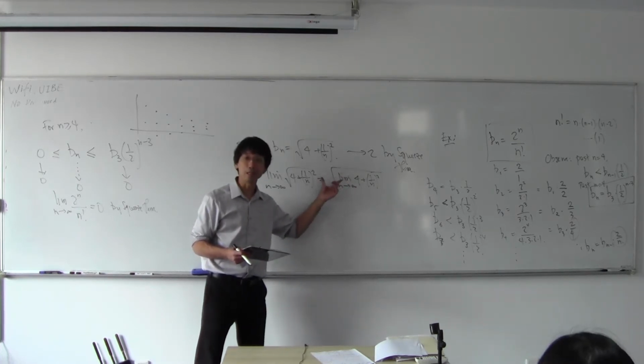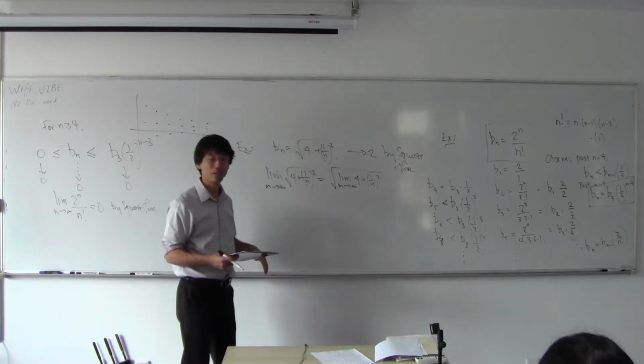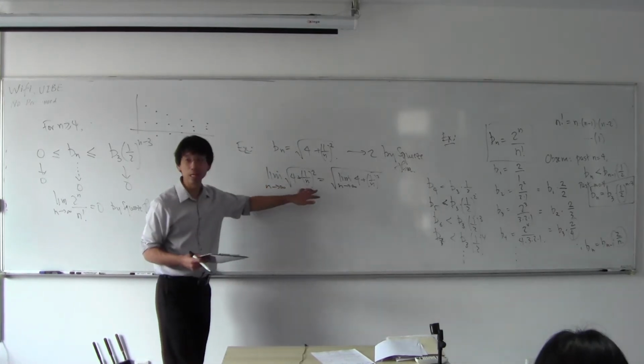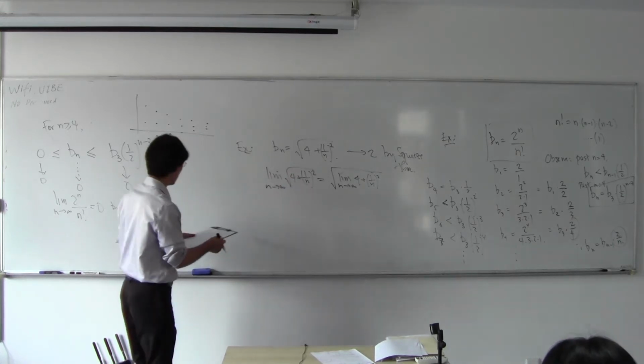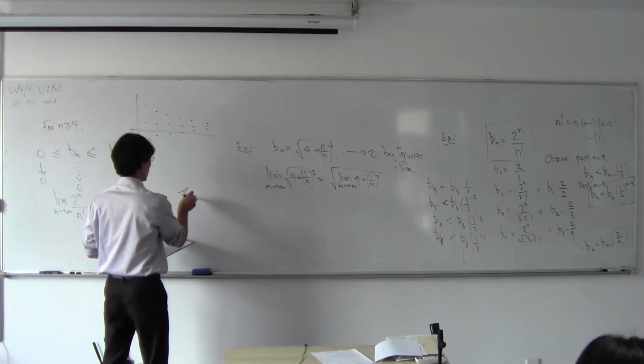And the answer is yes, actually, sometimes. In this case, the answer is yes. It turned out the answer was 2. There's a theorem that tells you when it is okay.